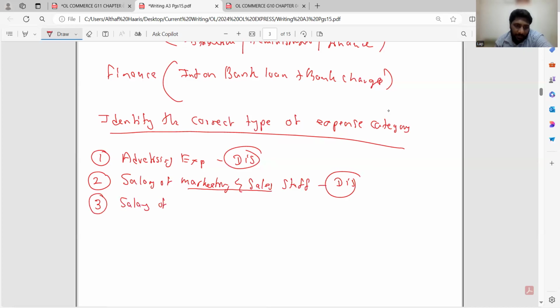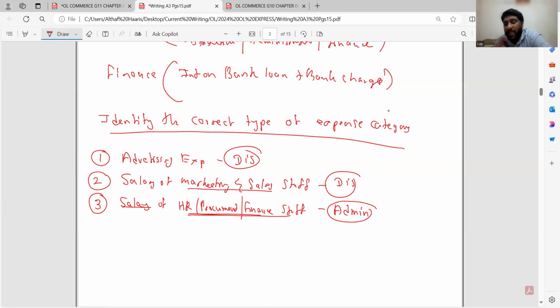Salary of HR, procurement, finance staff. These are administration staff salaries. All salaries go to admin.